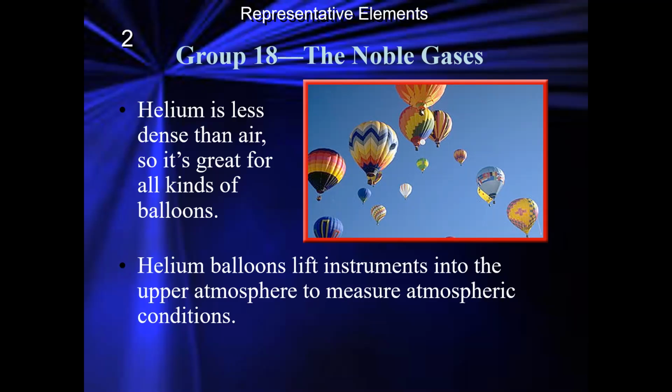Helium balloons lift instruments into the upper atmosphere to measure atmospheric conditions. So this is an industrial use for helium balloons, other than recreational balloons. It is an economical way of carrying the instruments into the upper atmosphere.